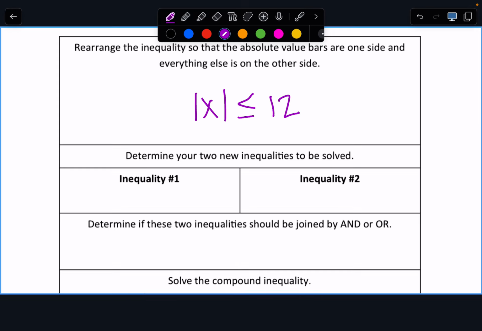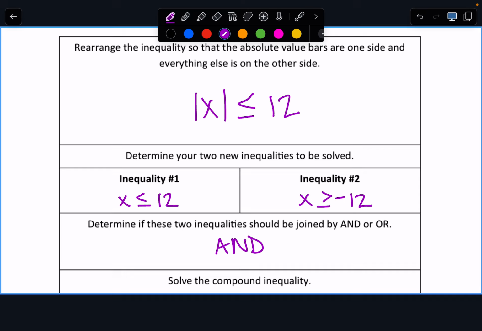So we're going to drop the absolute value signs. We are going to keep it normal. And then we are going to switch. We also need to decide if this is an and or an or. So since it's less than, it is an and.